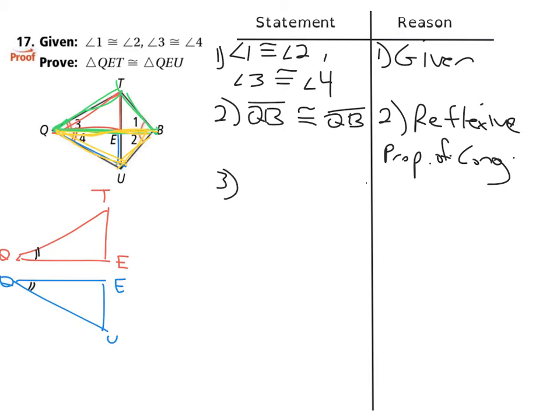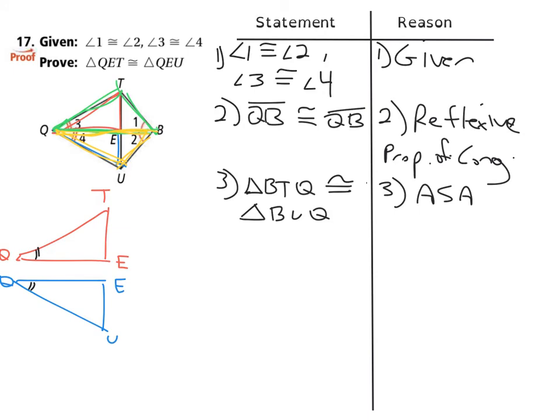Now we know something about those two triangles. We know that triangle BTQ is congruent to triangle BUQ. How do we know that? Well, we had angle side angle congruence.